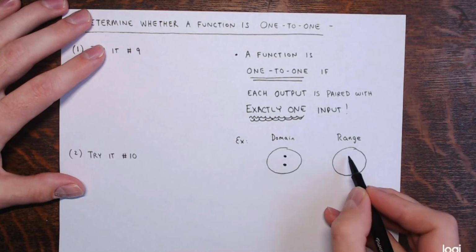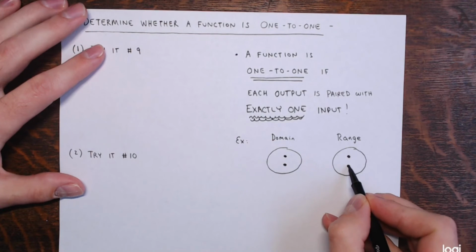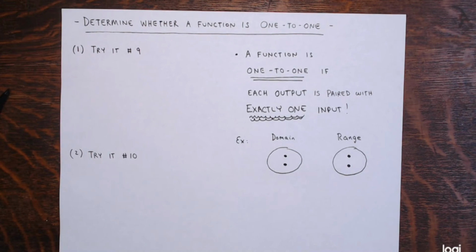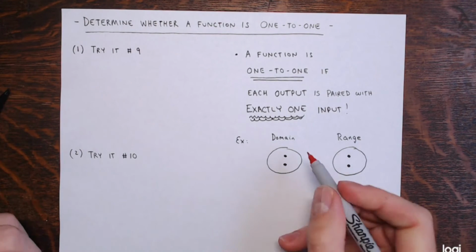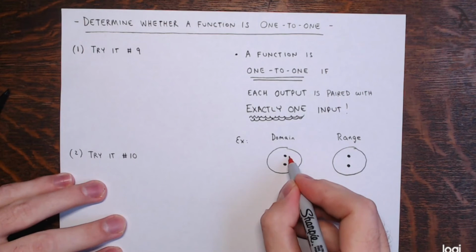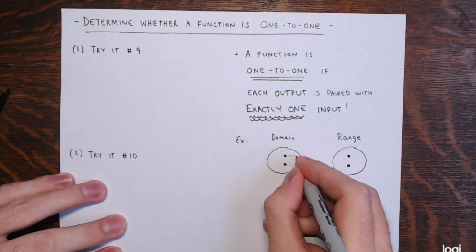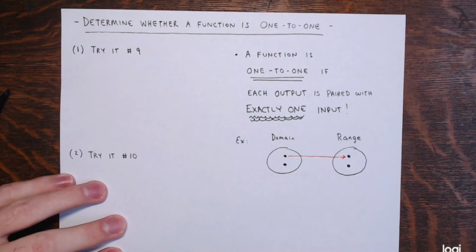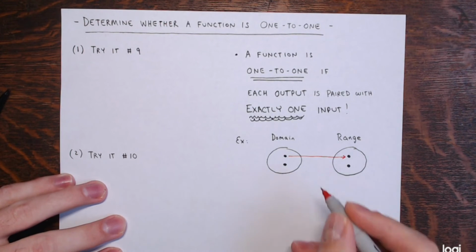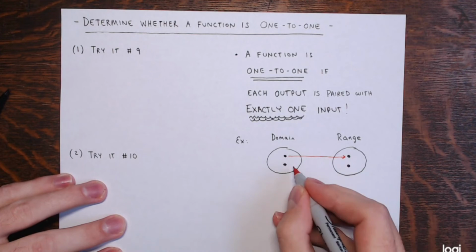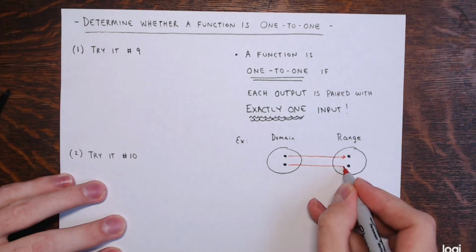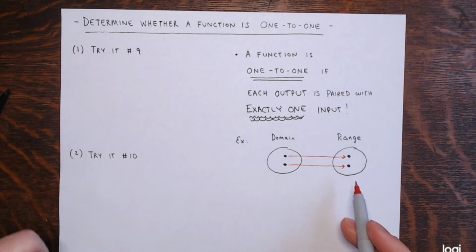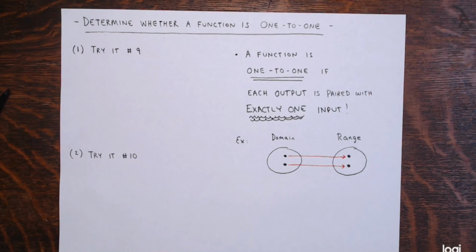Here's a couple elements of the range. If this element mapped that way, this element mapped to that element, and this element corresponds or pairs with that element, this would be an example of a one-to-one function.